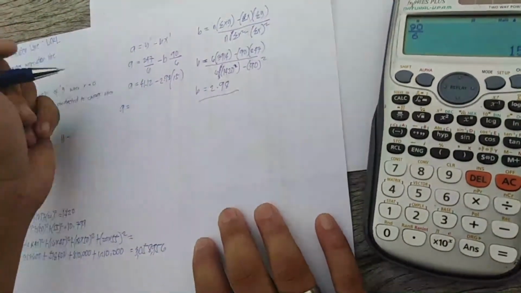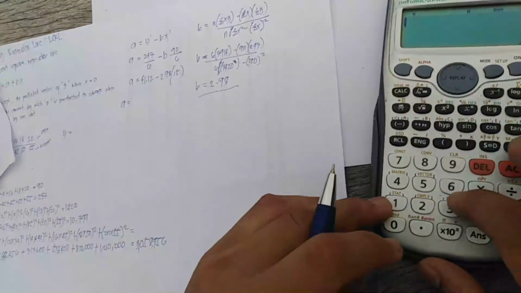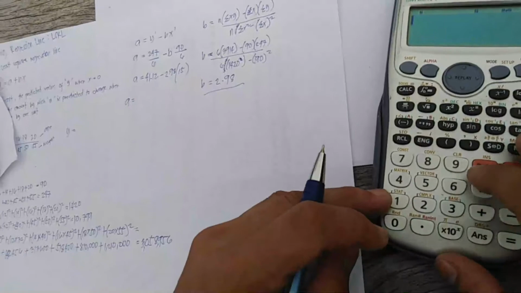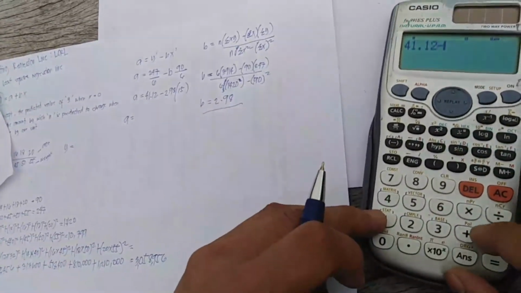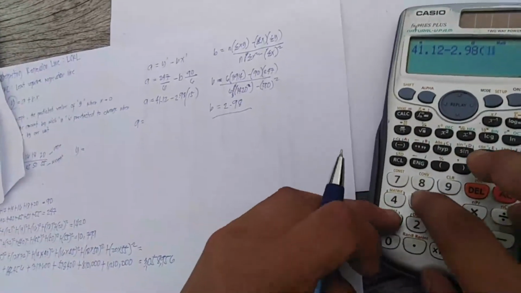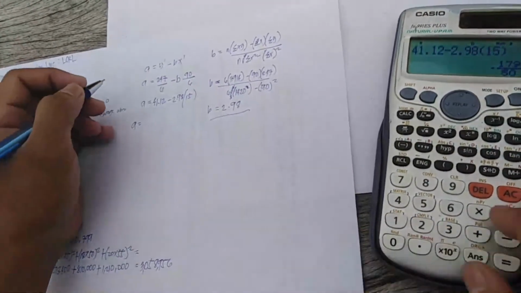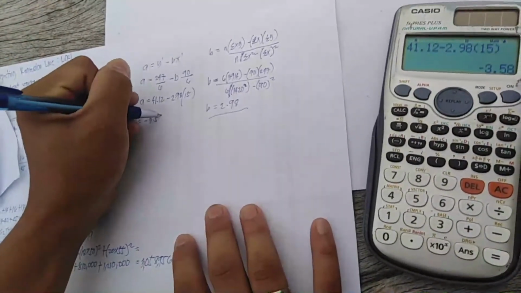Ang a natin is 41.12 minus 2.98 times 15. Meron tayong negative 3.58.